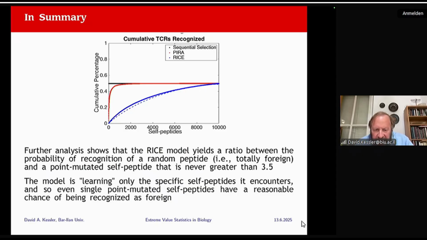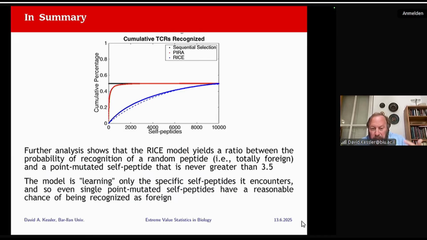And the point is that the model is learning, and you can do the calculation and find out that the difference between the probability of recognizing a random peptide, something that has nothing to do with the training set, and something that is identical to the training set except for one amino acid substitution, is never greater than a factor of 3.5.